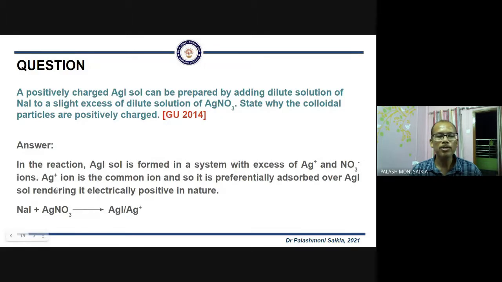Since silver ion is common and in excess, it is preferentially adsorbed by the silver iodide sol, and so it becomes positively charged. This is nothing but an explanation of the preferential adsorption of ion. Even this type of question is also asked.